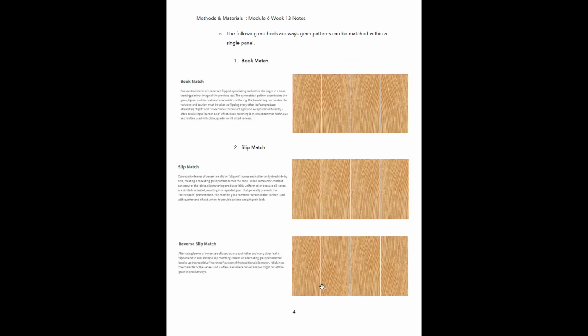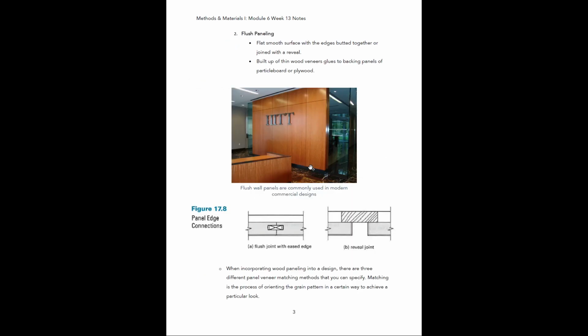These are the ways that you can match a grain pattern within a single panel, so when I'm showing you these, I'm referring to just one panel of wood. First we have to consider how the wood grain is matching within this panel. If you look at this panel, you can see the same pattern is repeated twice, wood grain right here and wood grain right here. So these were matched in some way within the panel.